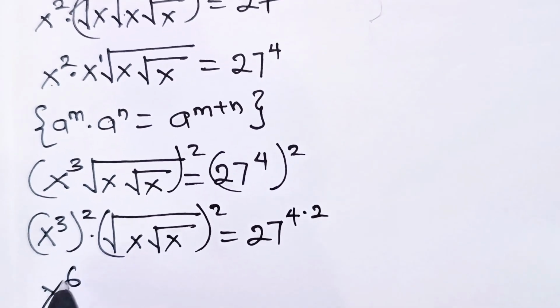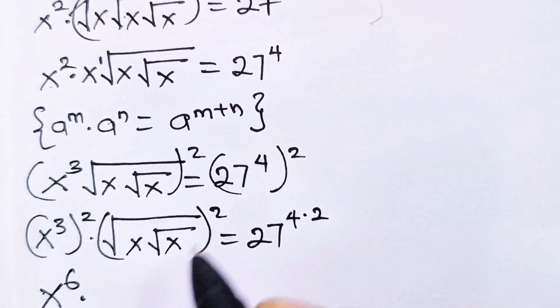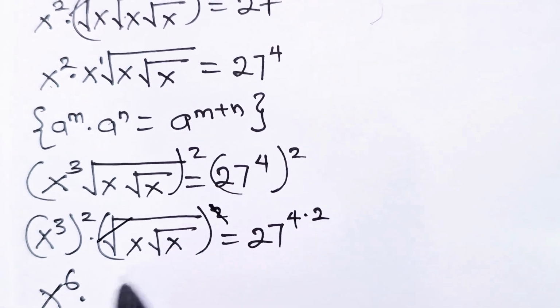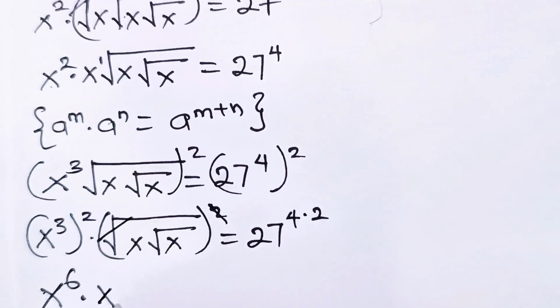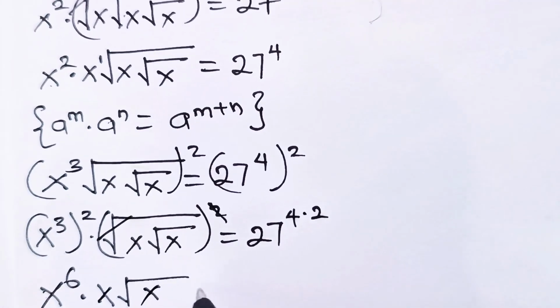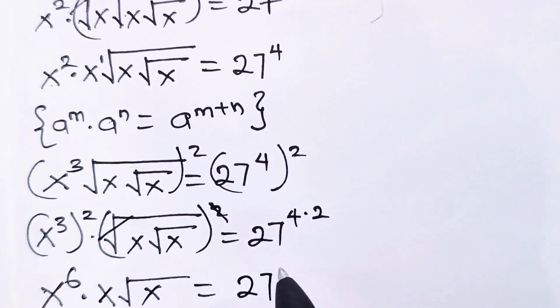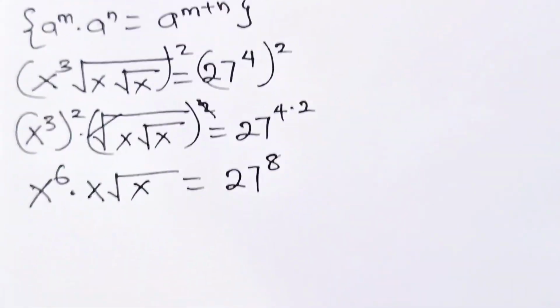So we have x to the power of 6 multiplied by this, we remove this, and we have x root x is equal to 27 to the power of 8.